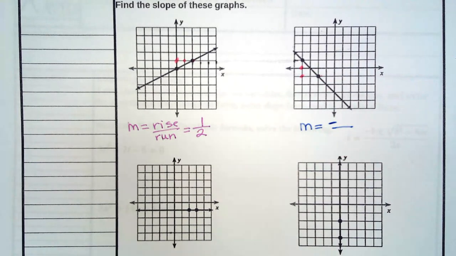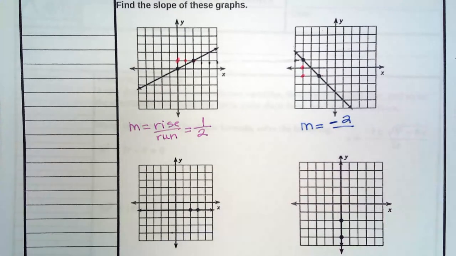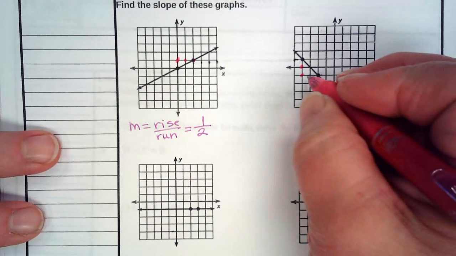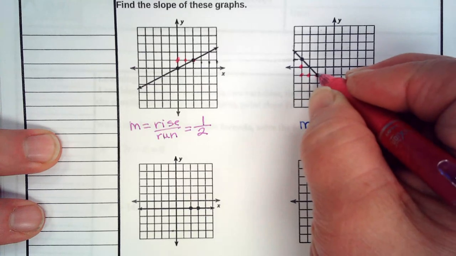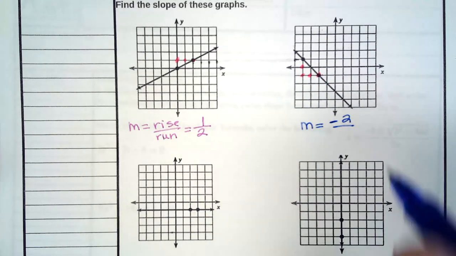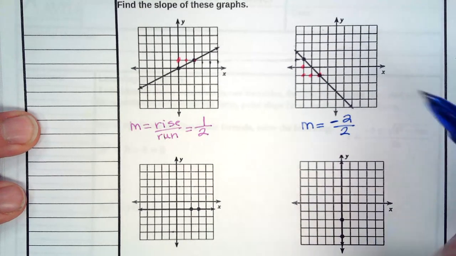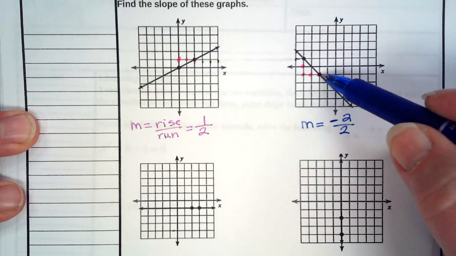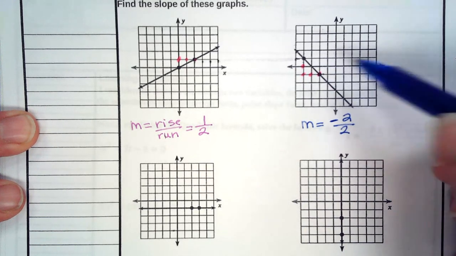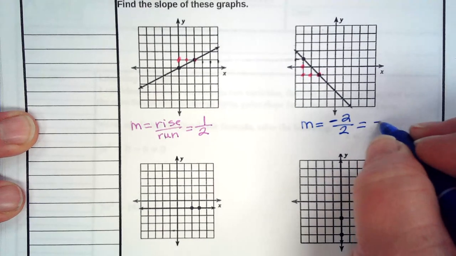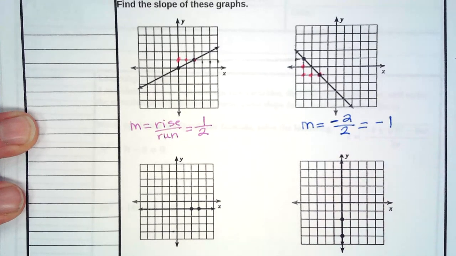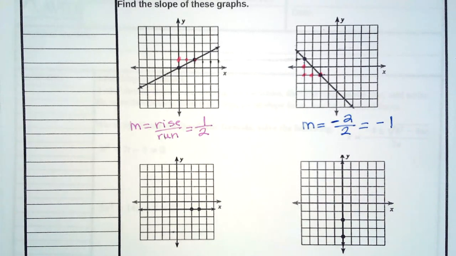So I go down 2. And then I go right 1, 2. If you notice, this forms a right triangle. This is equal to negative 1. 2 divided by 2 is 1. Negative divided by a positive is negative.